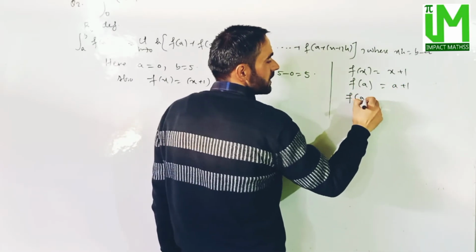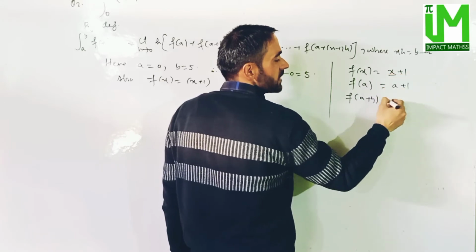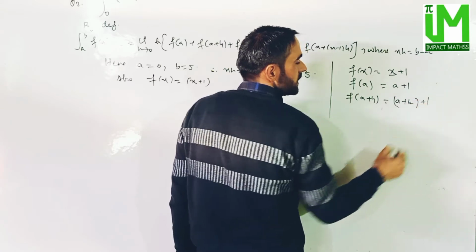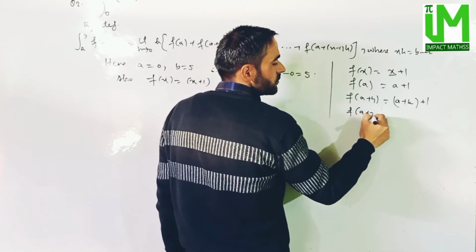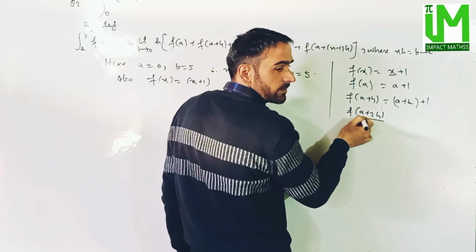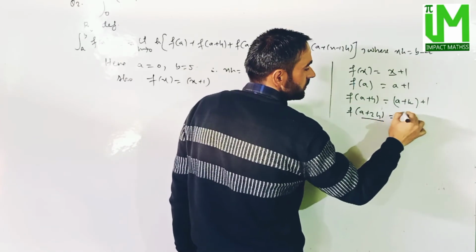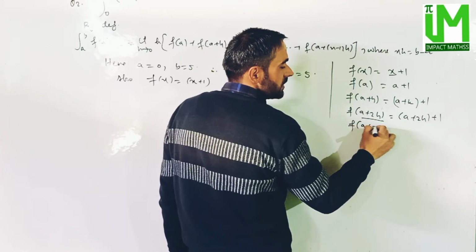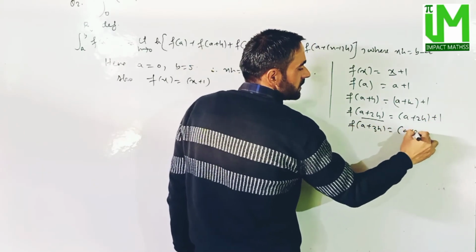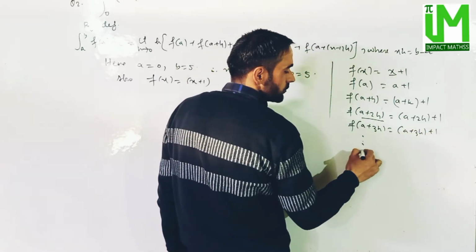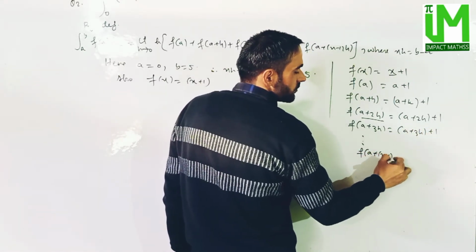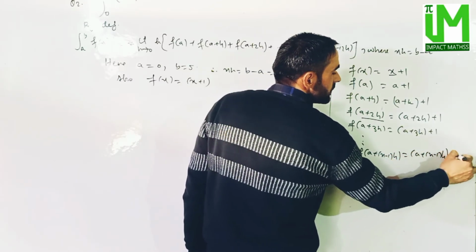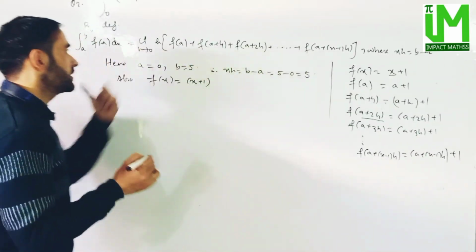So f of a plus h: x की जगह a plus h, so this will be a plus h plus 1. f of a plus 2h: x की जगह a plus 2h, so this will be a plus 2h plus 1. f of a plus 3h is a plus 3h plus 1. What will be f of a plus (n minus 1) into h? That will be a plus (n minus 1) into h plus 1.